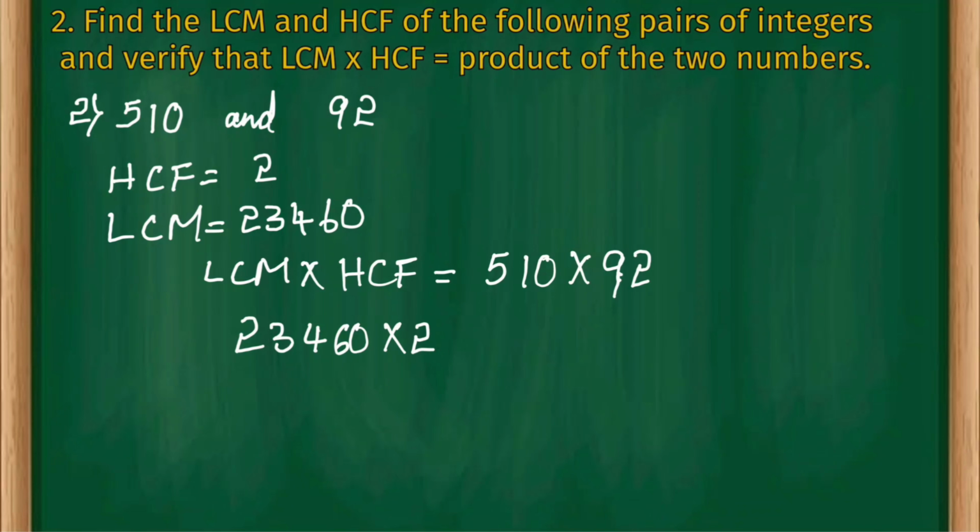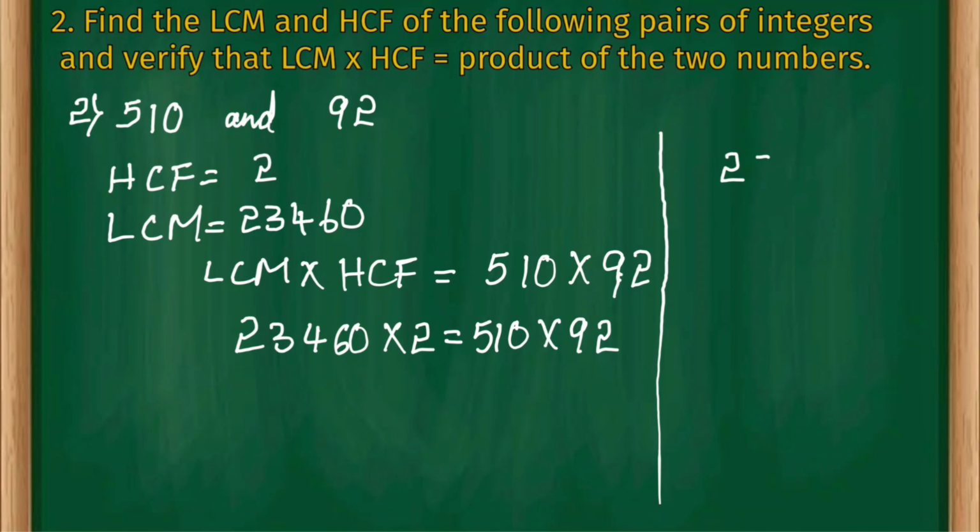We have to multiply it with 2, that is HCF, and this is equal to 510 into 92. So both the answers should be the same. If we get the same answers after multiplication on both the right hand side and left hand side, then our answer will be verified. First let us multiply LCM into HCF.